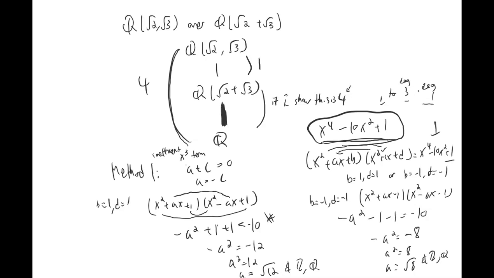But in any case, this is irreducible. So this is degree 4, so this must be 1. And obviously my basis, this is degree, it's just 1, right? Does everyone understand method 1?